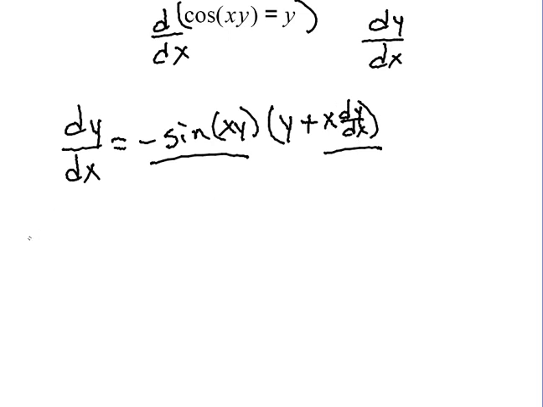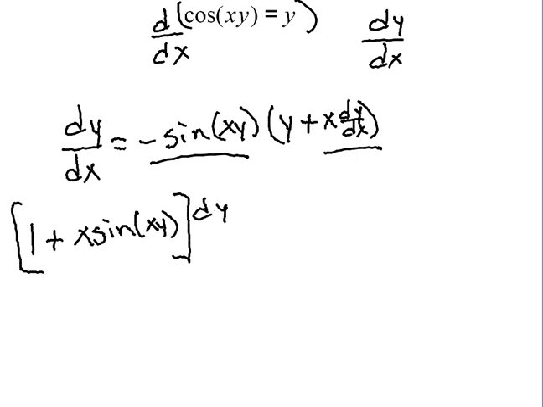So this is going to be a 1 plus x sine of xy times dy/dx is equal to, what do we have left over? Well, this product of negative sine xy times y, so that's a negative y sine xy. Now, I know I skipped a couple steps there algebraically.